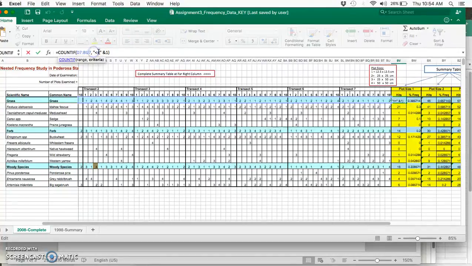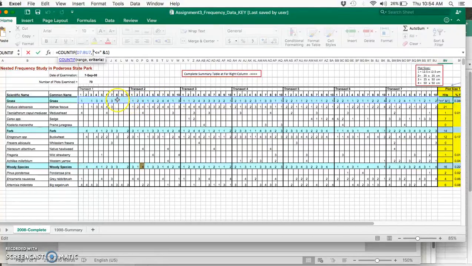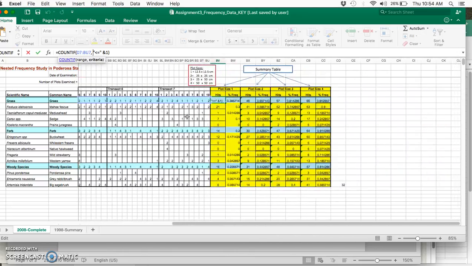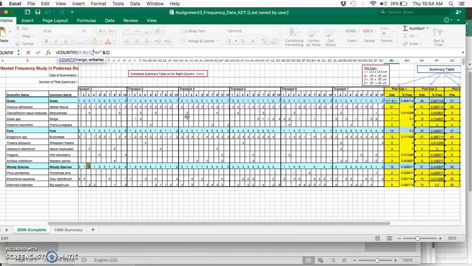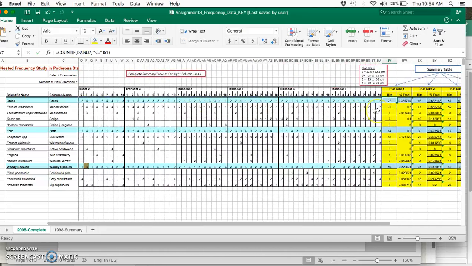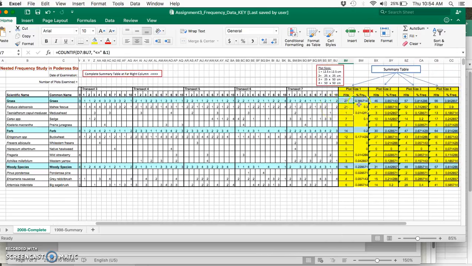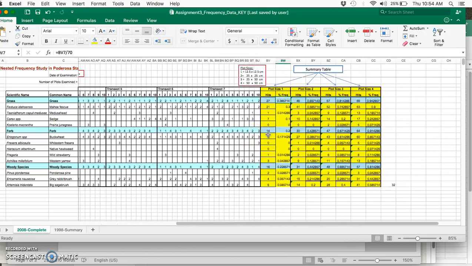Count if any of those values are less than or equal to 1. We didn't put a 0 in these, so it's not going to count the ones that are zeros, which is good, because otherwise it would count them. So less than or equal to 1, and we had 27 hits. And again, you just take that and divide it by 70. A frequency value can't actually be greater than 100% because there's only 70 plots.